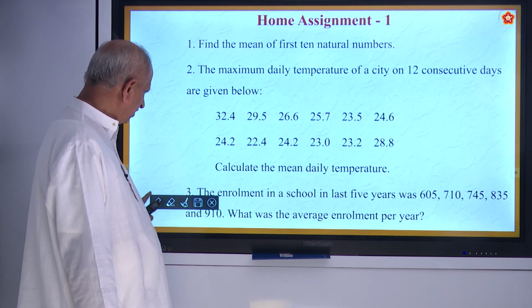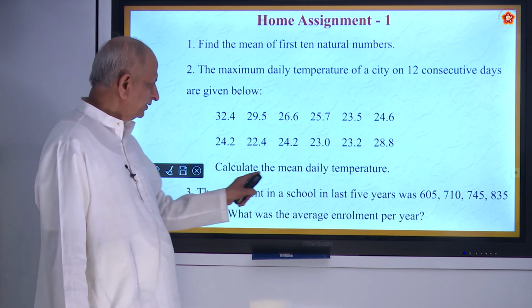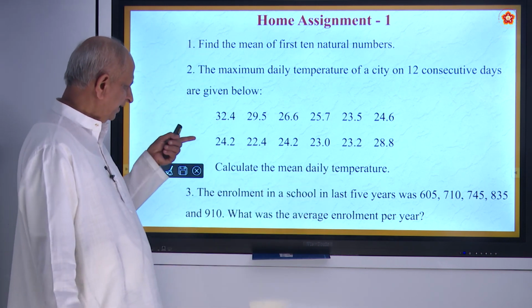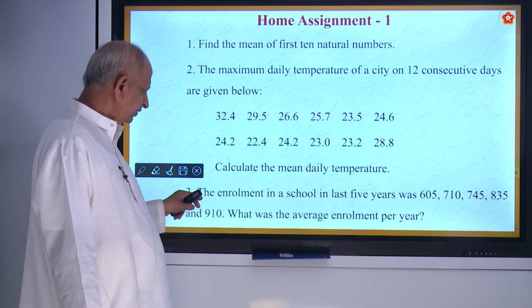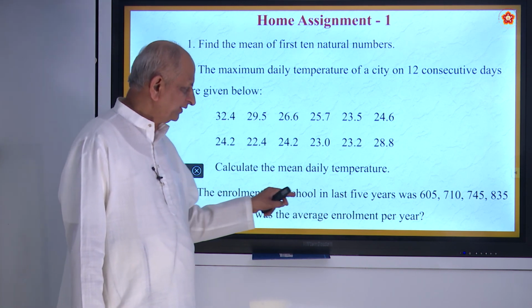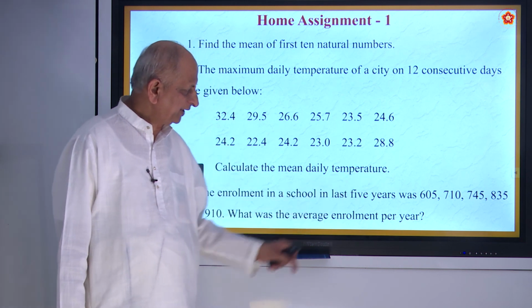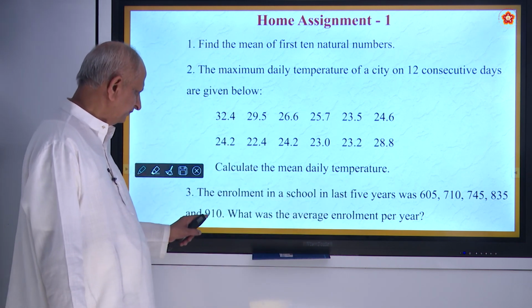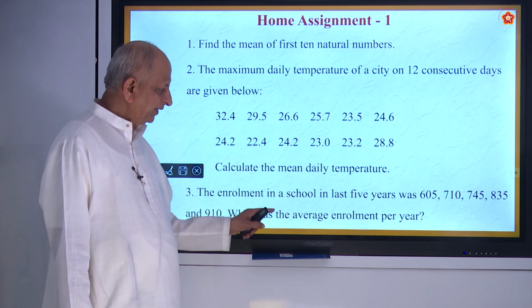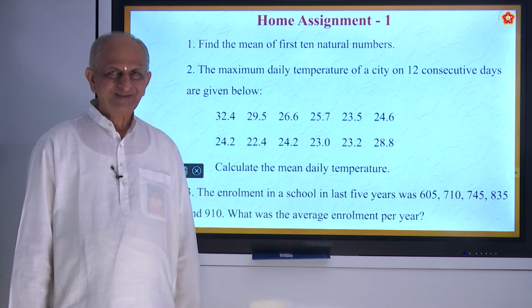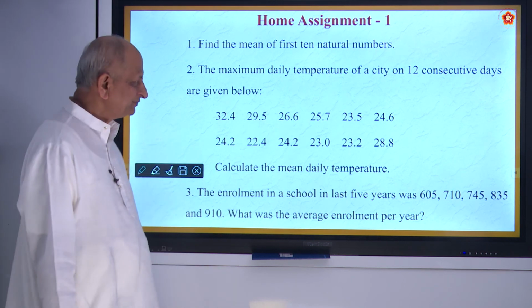Calculate the mean of the daily temperature, as you have done now. The enrollment in a school in the last 5 years was 605, 710, 745, 835 and 910. What was the average enrollment per year? Okay? Come prepared for that.